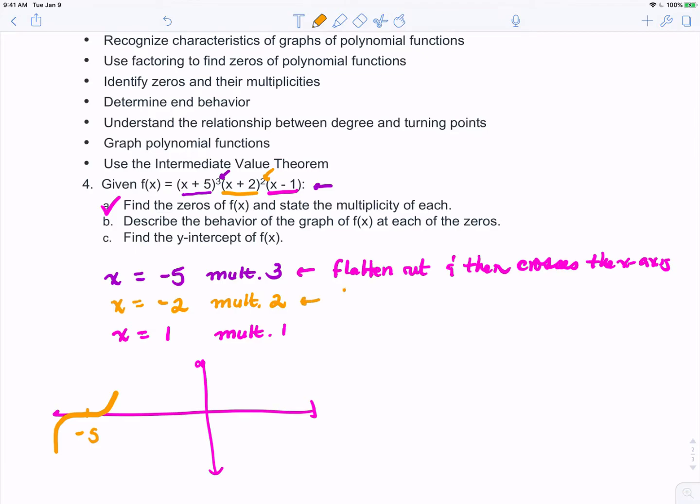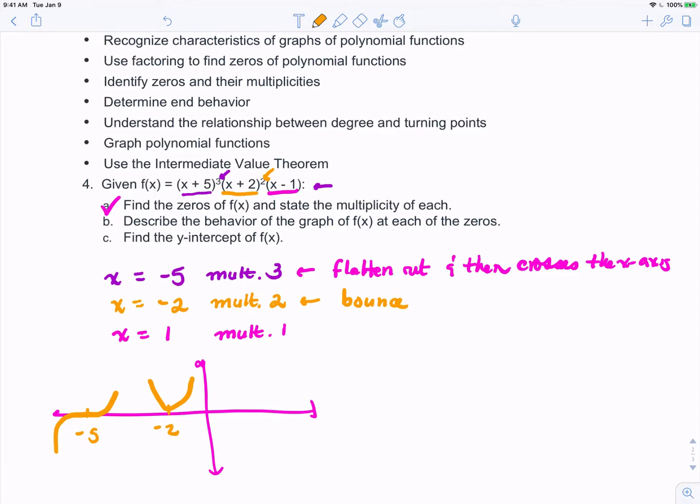Okay, what's going to happen at this root? At this root, it's going to bounce. So at negative 2, and again, I would have to do a little more work to know if it's positive or negative there, but it's either going to do this or it's going to come from the other direction, bounce up and go down. But it's going to bounce in any event.